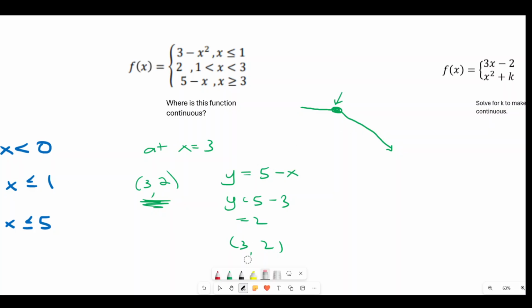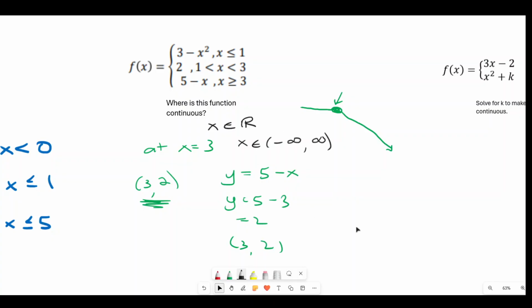And then, of course, above 3, that's just a straight line, so we know it's continuous everywhere. So where is this function continuous? It's continuous for all real numbers, or you could say from negative infinity to positive infinity.